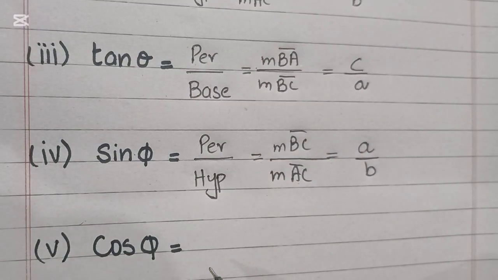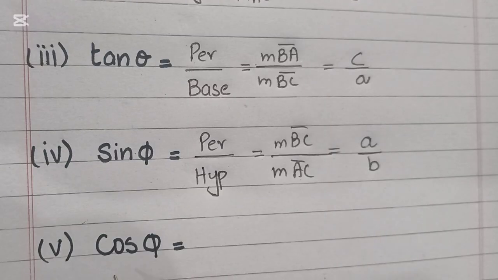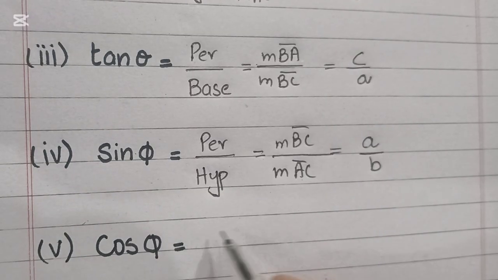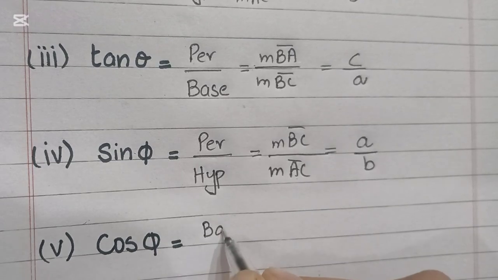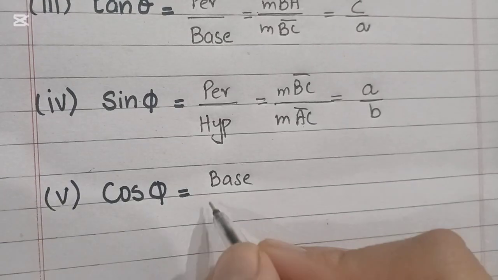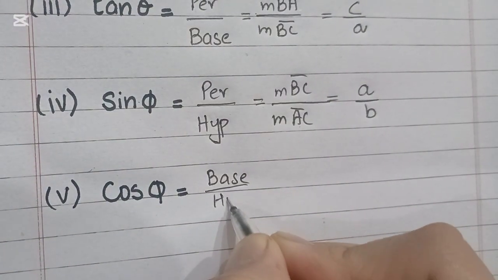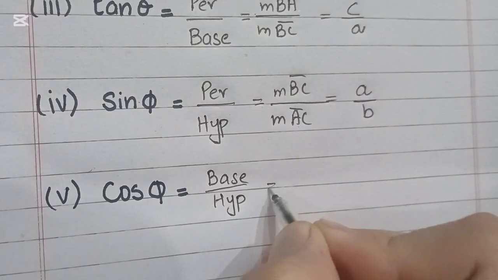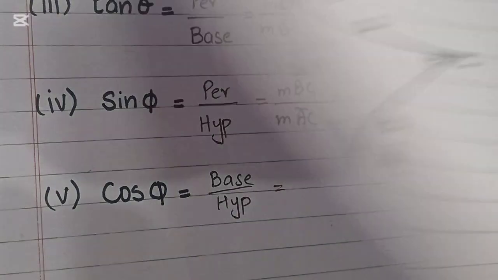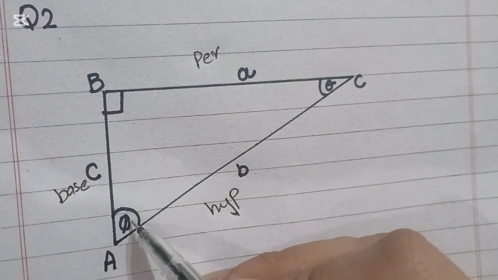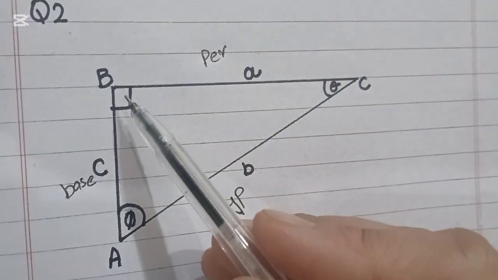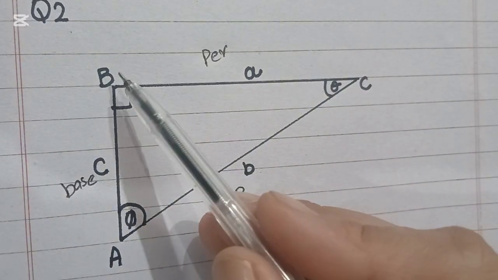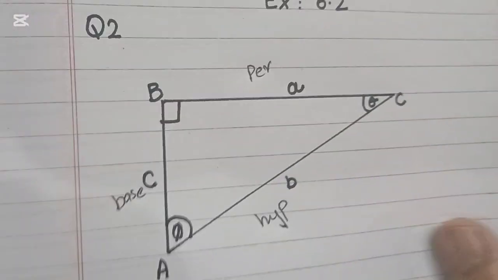Student, in the fifth part we have to calculate cos phi. Cos formula is CBH. C for the cos, B for the base, H for the hypotenuse. The base side according to phi is BA, measurement BA, which is equal to c.